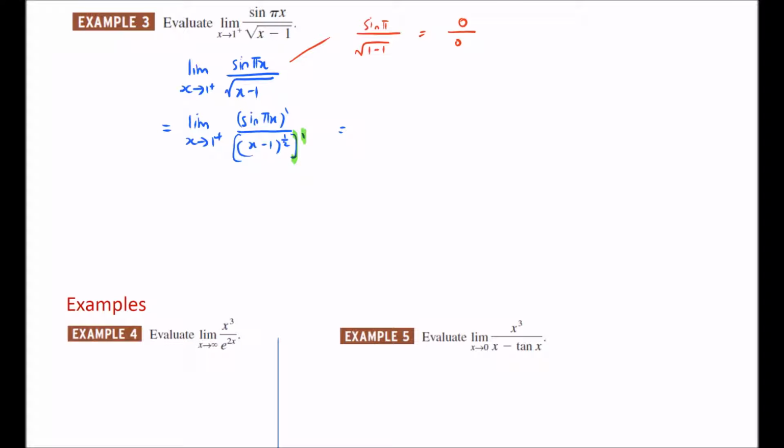After that you differentiate: sine becomes cosine times pi, over, bring down the power and the power minus 1.